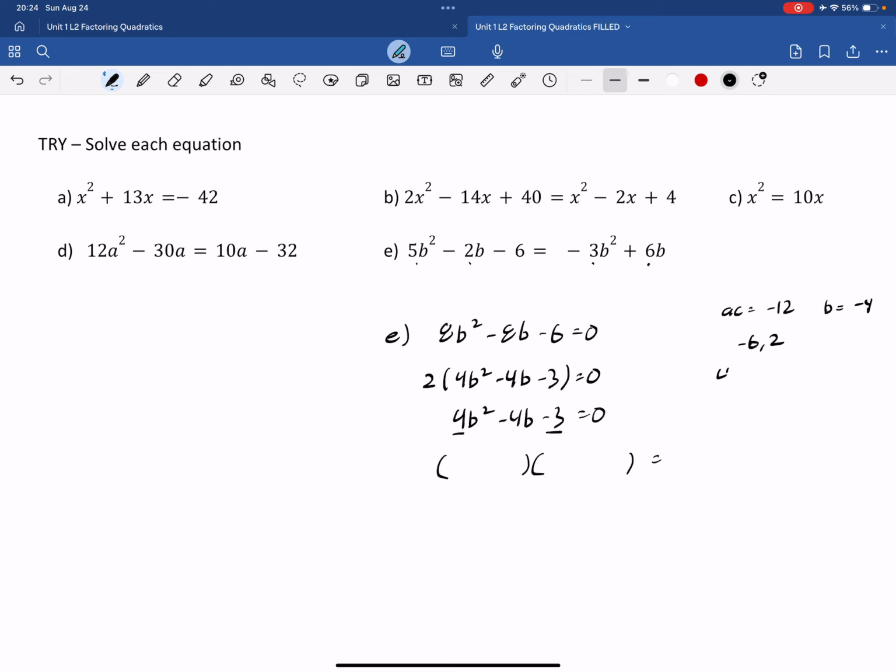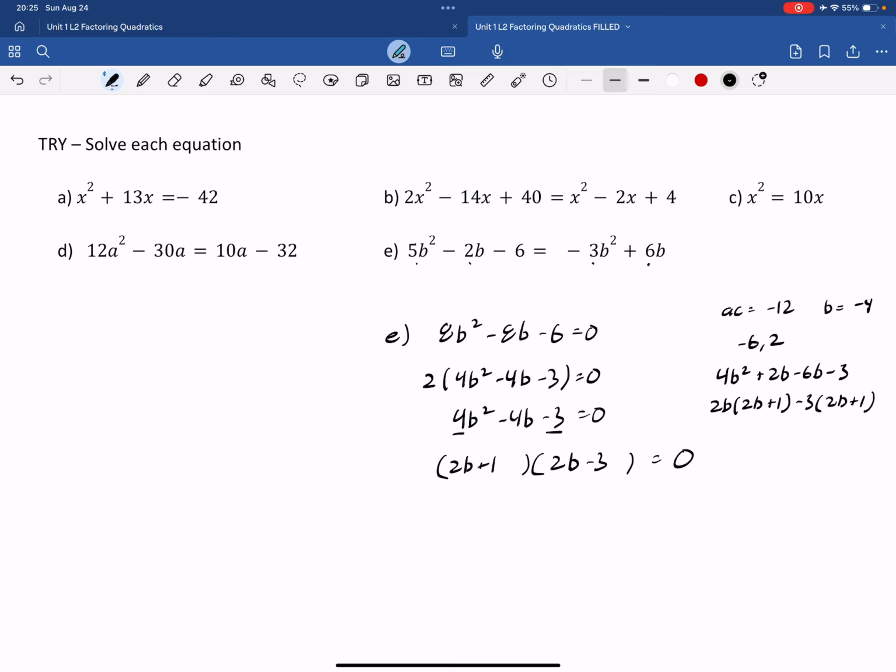So that means 4b squared plus 2b minus 6b minus 3. And that means 2b plus 1 times 2b minus 3 is going to equal 0.